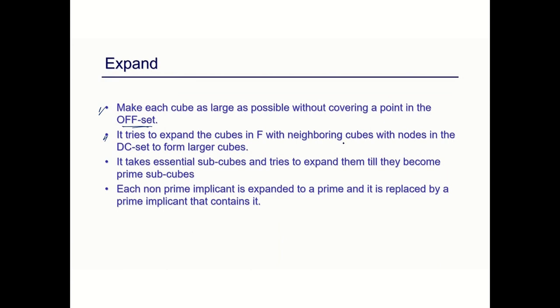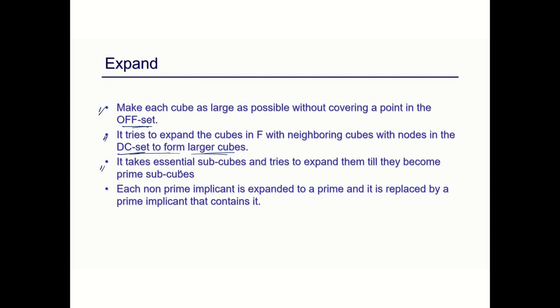If present, we'll try to make one cube with them, along with nodes in the don't care set if it is given, to form the larger cube. So first of all, if the neighbor is an onset, we'll try to form a cube. If there is a don't care set also, we'll make it a little larger so that the number of literals will get decreased.